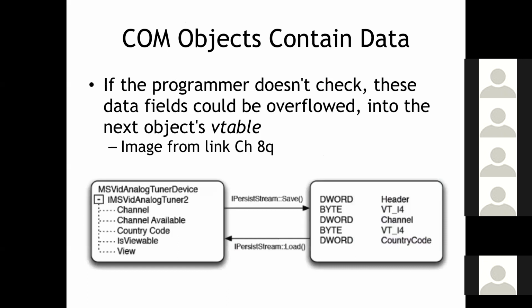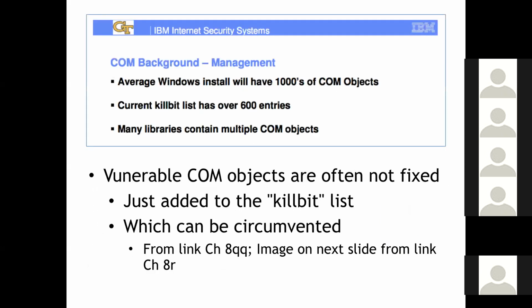And they can even overflow into the next object's V table. So you can have an overflow of COM objects that changes the address for other COM objects, very much like a heap overflow. It turns out that there are a ton of these things. They stay in Windows forever, and they are not removed when they are found to have vulnerabilities. They're just added to a kill bit list. And one attack is to overcome the kill bit list.